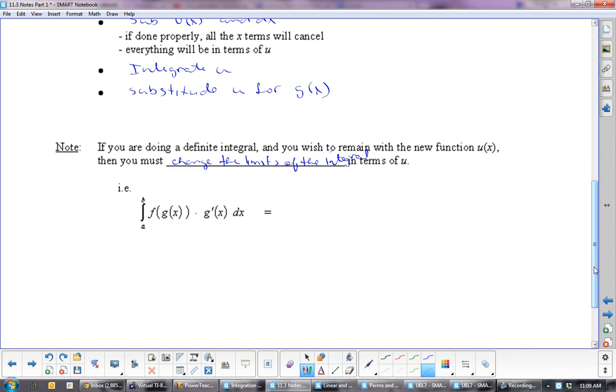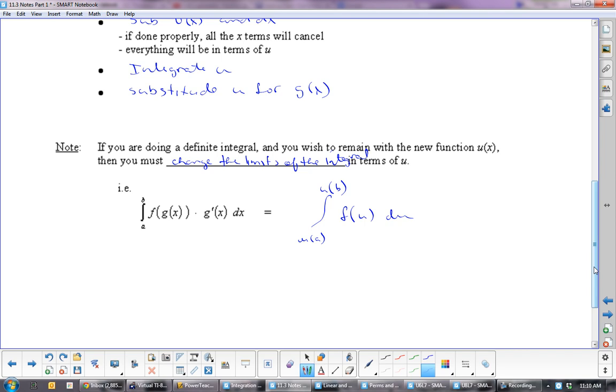So if you have the integral from a to b of f of g of x times g prime of x dx, our new function, which is our famous f of u du, will go from u of a to u of b. Okay, we're going to see that more tomorrow.